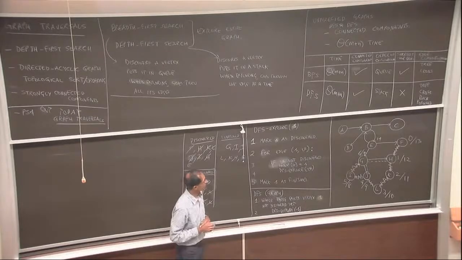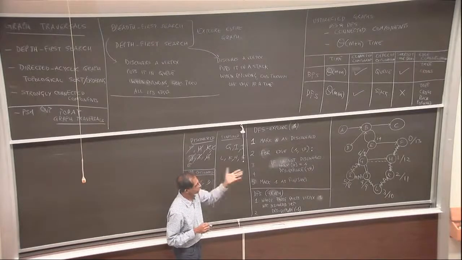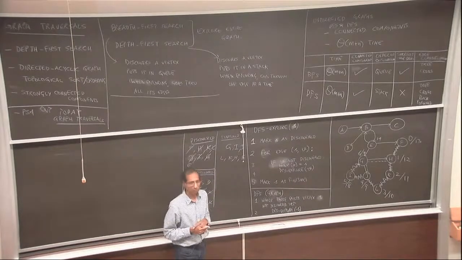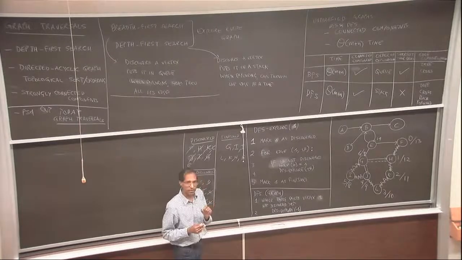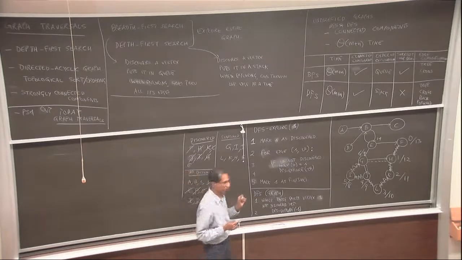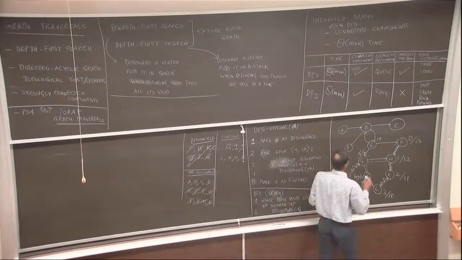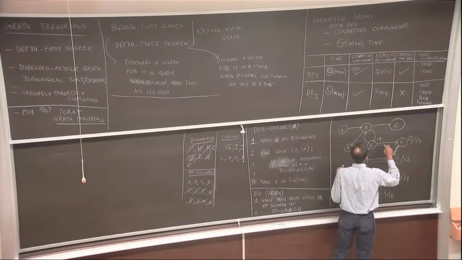E has a bunch of edges. Let's say the first edge is E to F. Has F already been discovered? Yes. In fact, F has not only been discovered, it has also been finished. So this is a different kind of edge. Okay? So let me mark it like this.